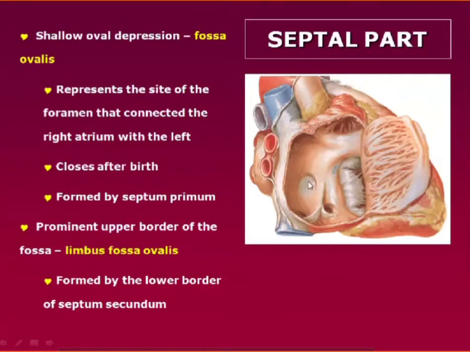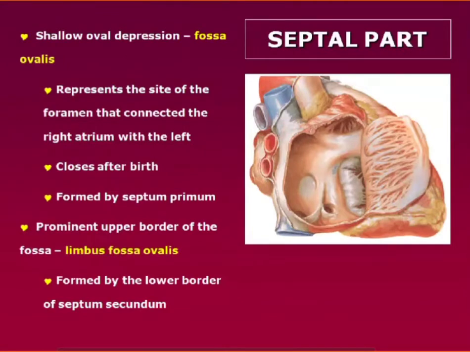And this fossa ovalis develops from where? It develops from the septum primum. You have to remember this too. So I told you 3 points till now. The anterior rough or pectinate part develops from the primitive atrium.